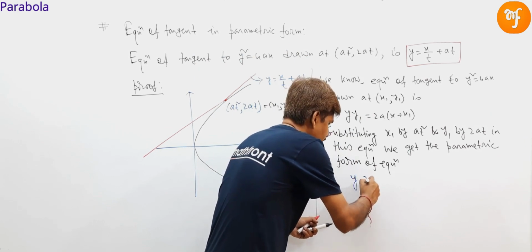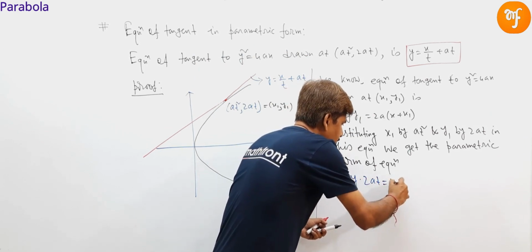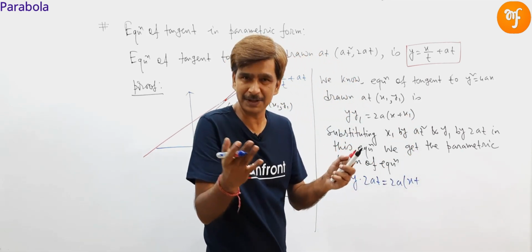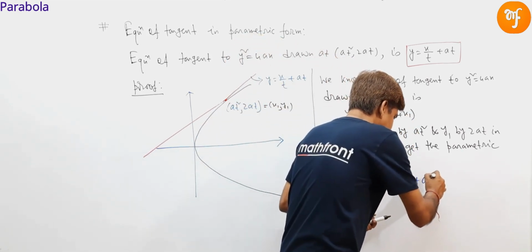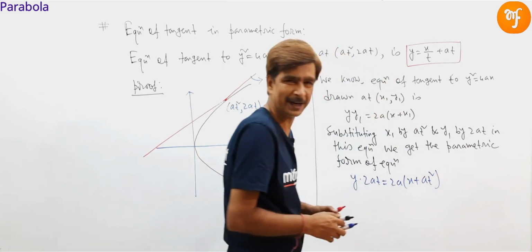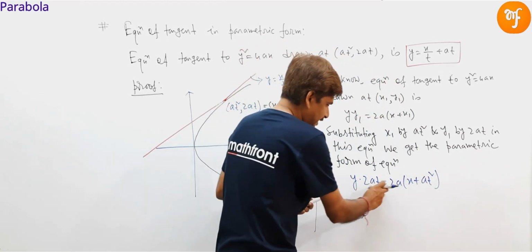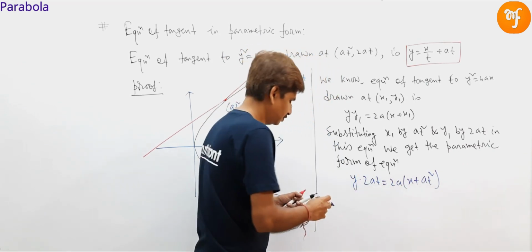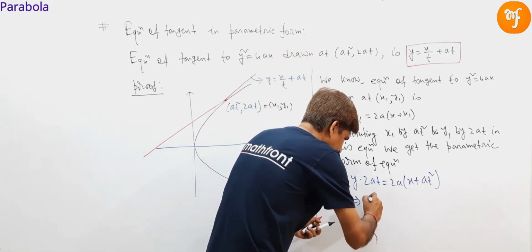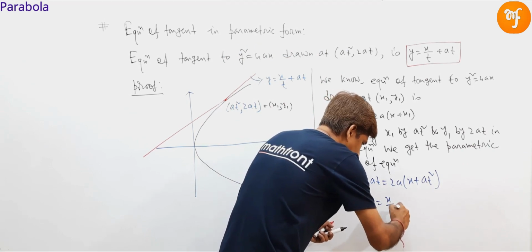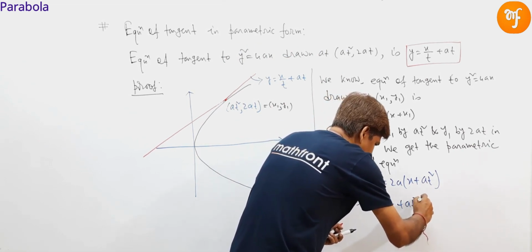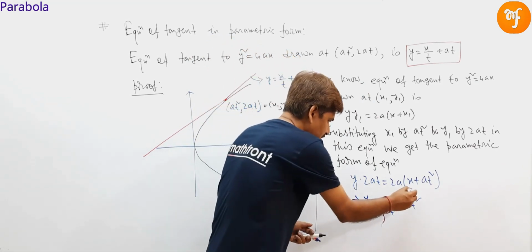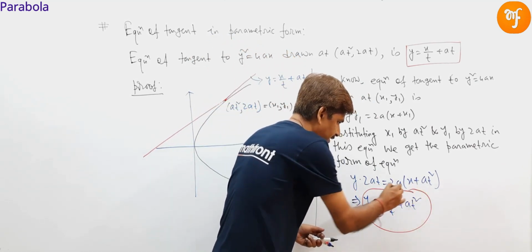Y into 280 is equal to 2a into x plus x1 is substituted by 80 square. So we'll write 80 square here. Okay. So just cancelling 2a from both sides and dividing both sides by t, we'll get y is equal to x by t plus of 80 square. Okay. So this is nothing but the equation of tangent in parametric form.